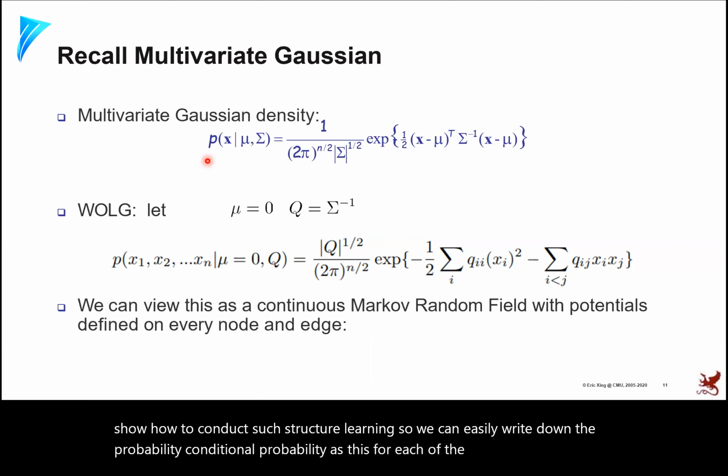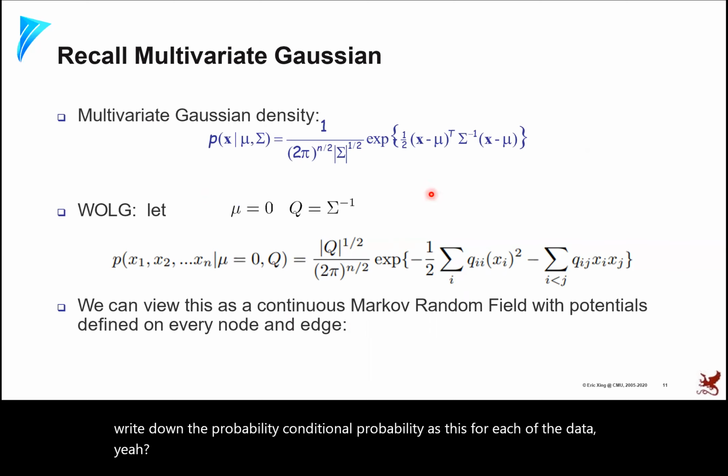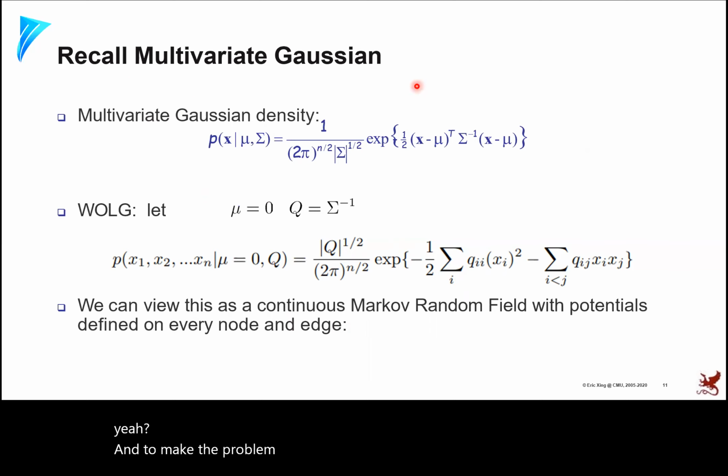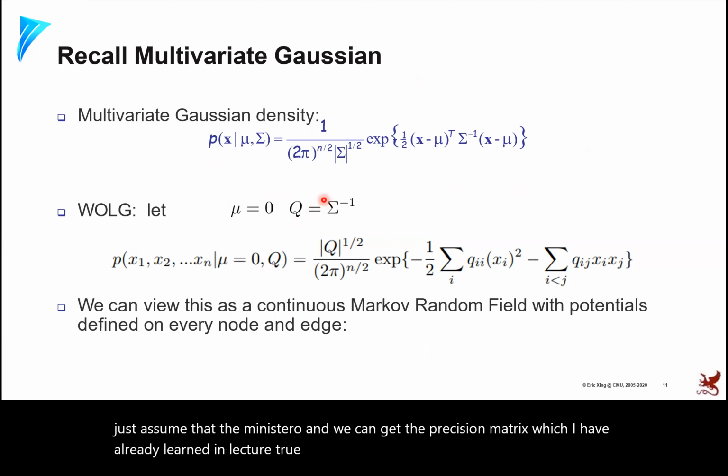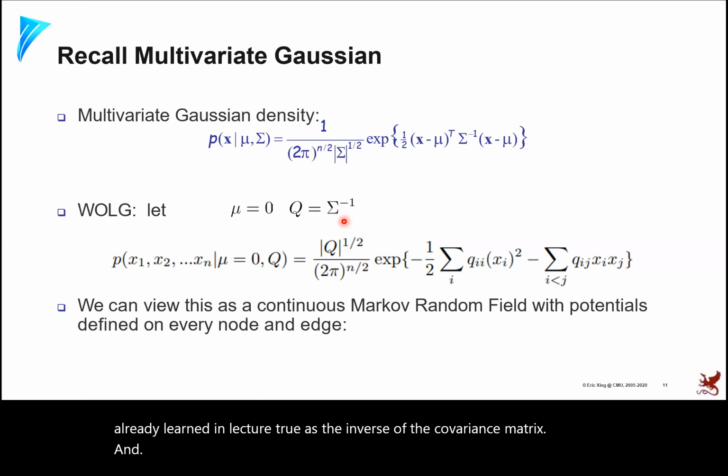To make the problem simpler, because it is just a motivating example, we just assume that the mean is 0. And we can get the precision matrix, which we have already learned in lecture 2, as the inverse of the covariance matrix. And the values in the precision matrix correspond to the weights of the singleton and the pairwise potentials in the continuous Markov random field.